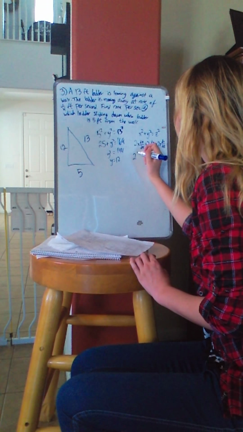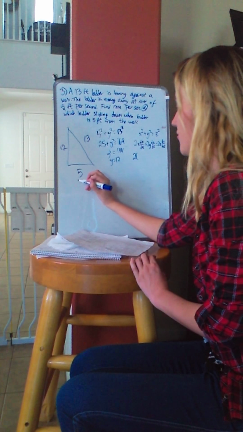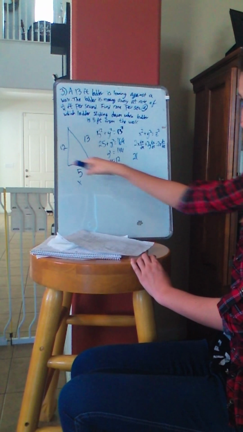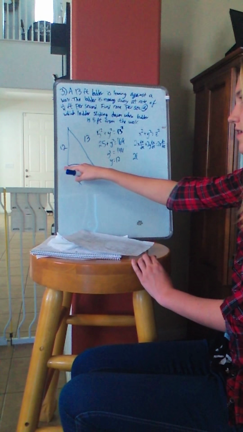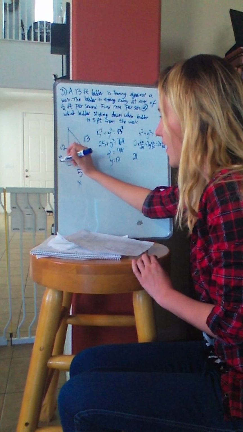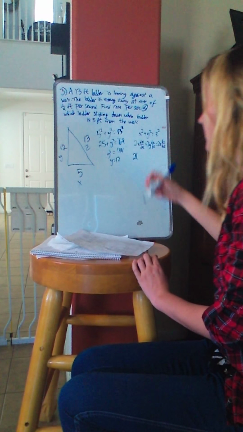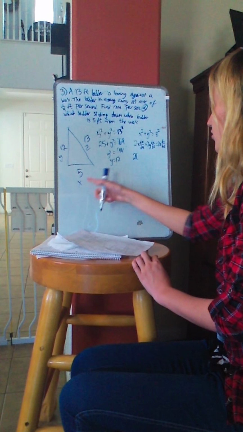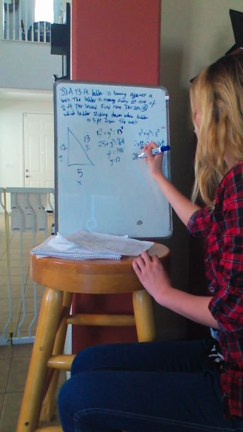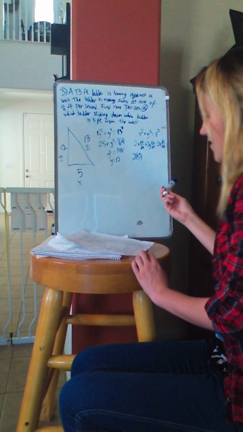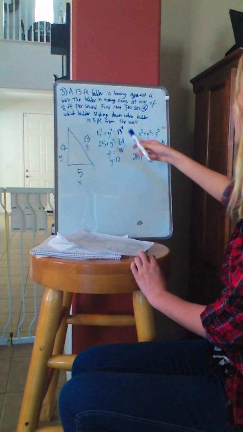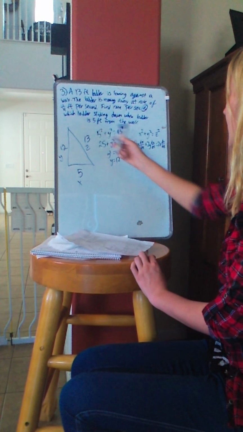So 2 times, this is x, because if you have it on the graph, it's going to be along the x-axis. This is y, and this is z. So 2 times x, this is 5, and then they gave us dx/dt when they gave us the 1/4 feet per second.